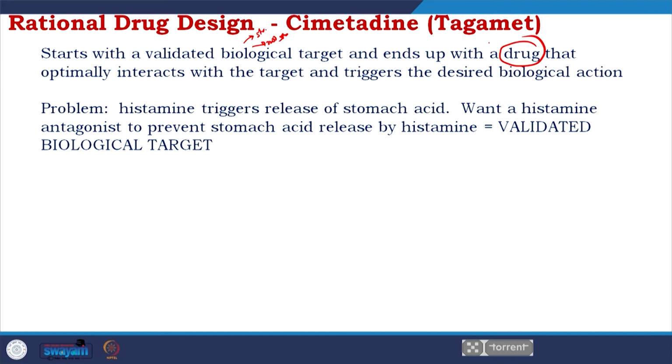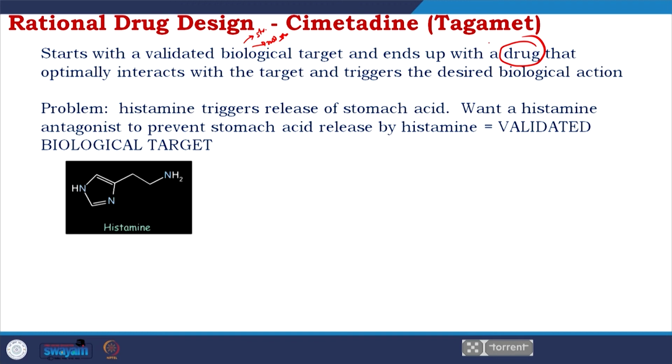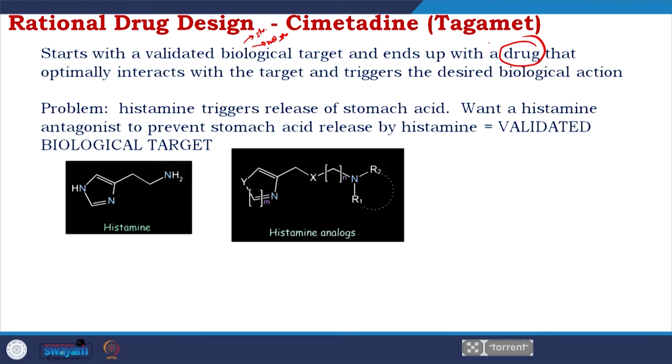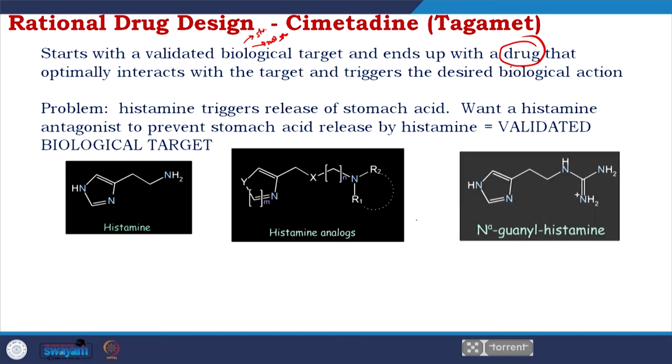So, we are talking about a problem where histamine triggers release of stomach acid. We want a histamine antagonist to prevent stomach acid release by histamine; that is the validated biological target. So, we take histamine, look at the molecule, and want to make histamine analogues.